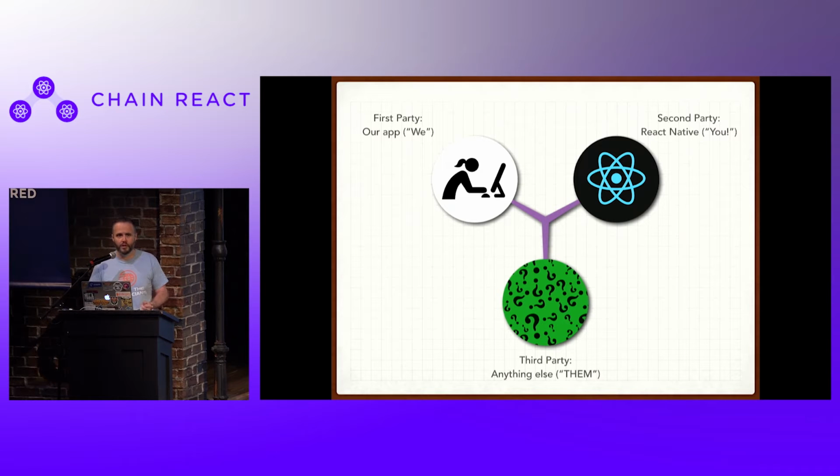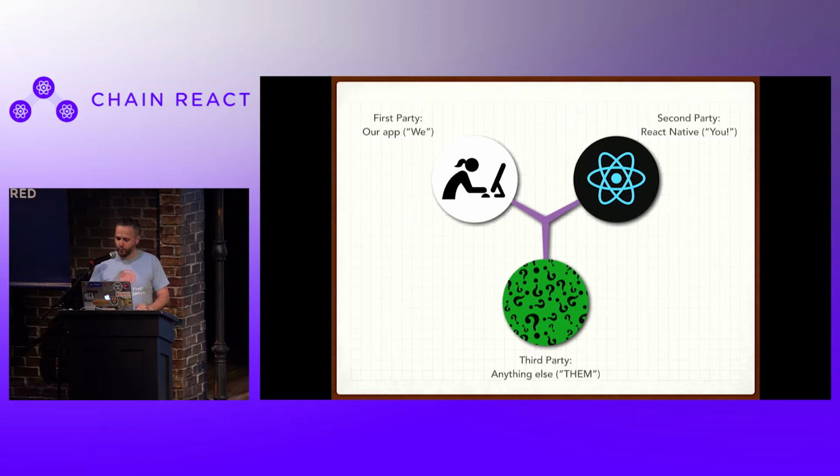If you're using a navigation library or authentication library, something that someone other than you and React Native have provided. And for context, this talk is React Native specific, but everything I'm going to say applies more generally. It's just that React Native has an especially unique state of a third-party library ecosystem, let's say.